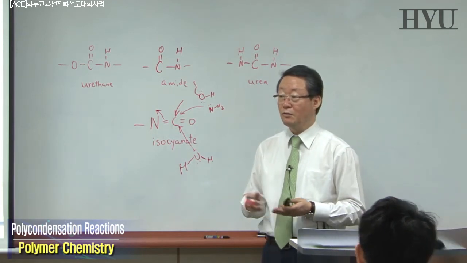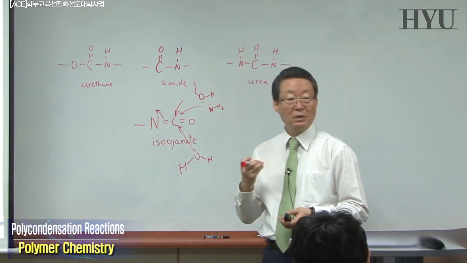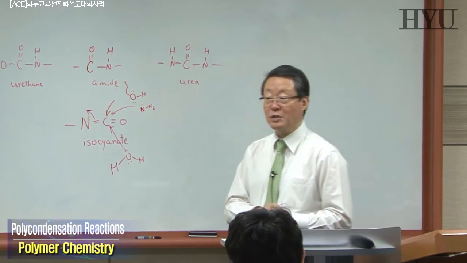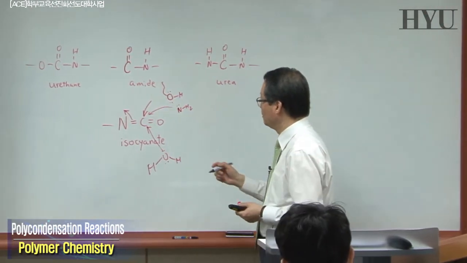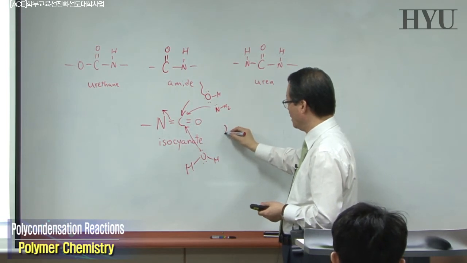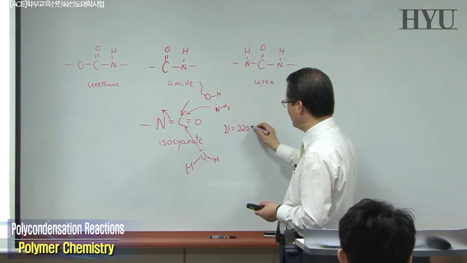You do not form polymer, but the water vapor will be an attacking medium to isocyanates. Isocyanate is typically characterized in IR at 2,200 reciprocal centimeters.